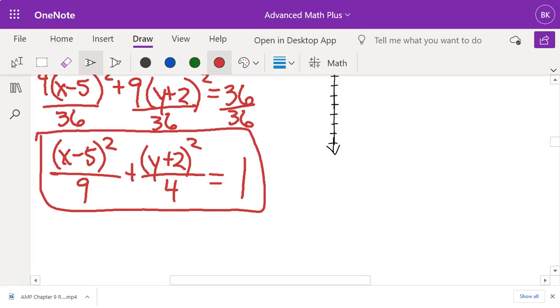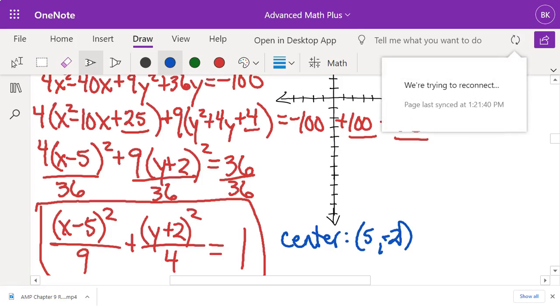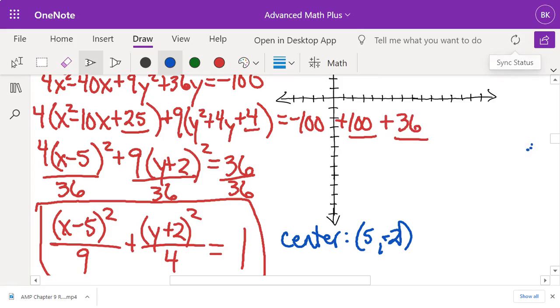And now we graph it. I take my standard form, and I'm going to graph it in blue here. So, what is my center? 5, -2. Here's 5, -2. So 1, 2, 3, 4, 5, down 2 would be about right there.